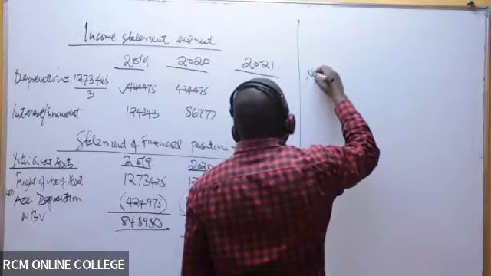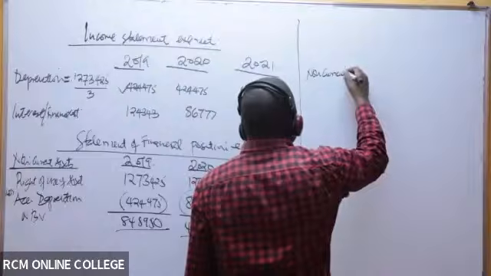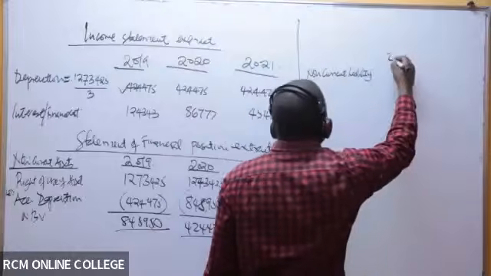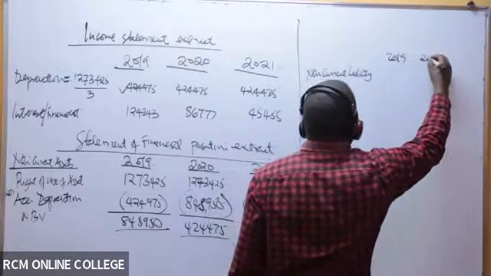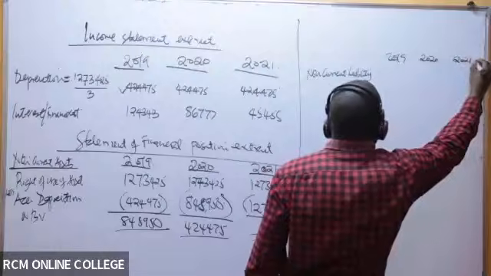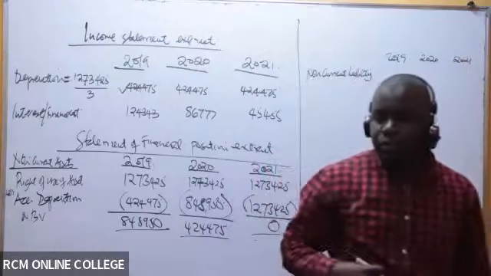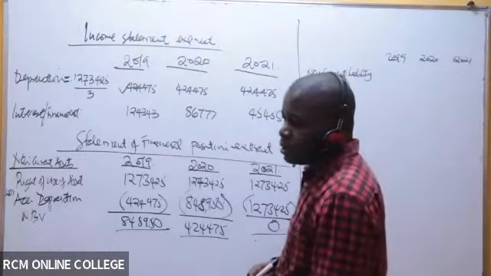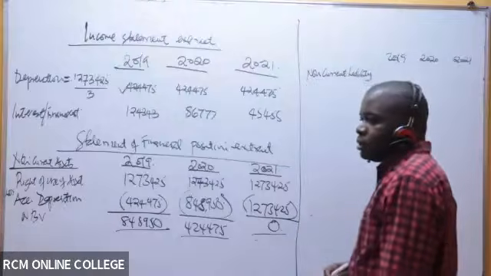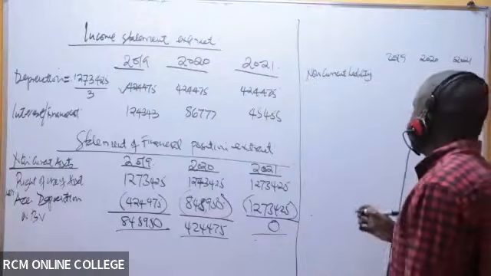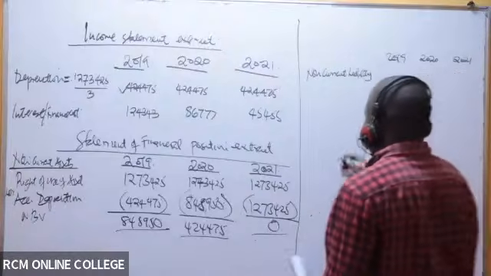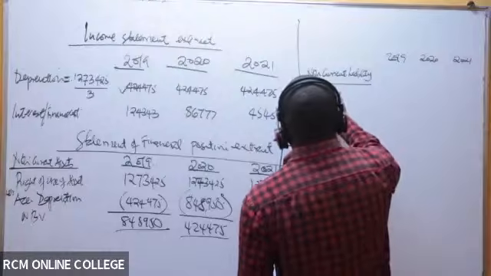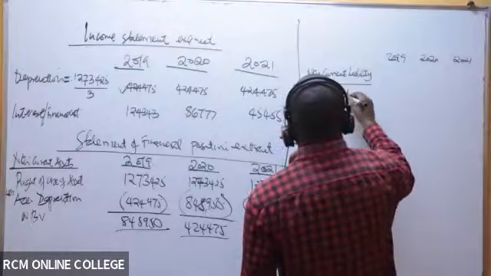So the non-current liability. So you have for 3 years, so 2019, 2020, and of course 2021. So the non-current liability here is of course the lease obligation.